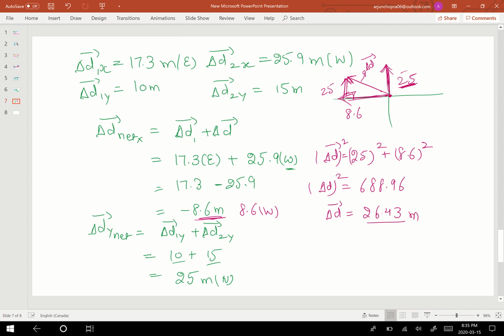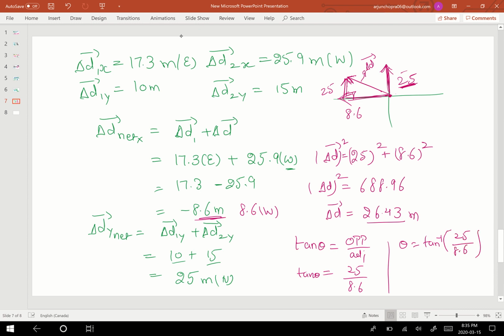Now I wanted to find the angle also, so I'm going to write tangent theta is equal to, again, opposite upon adjacent, which comes out to be, opposite value is 25 divided by 8.6. One more time repeating, theta equal to tangent inverse 25 divided by 8.6.